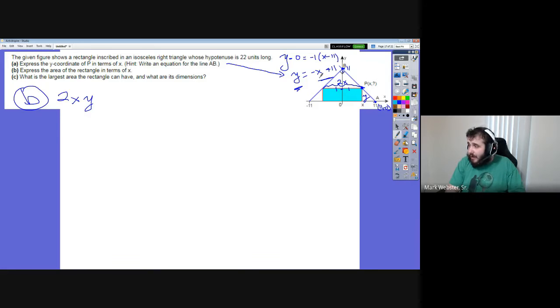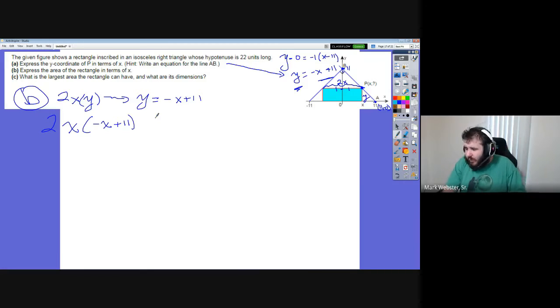Well, we did that already, in this first part. So let's rewrite y in terms of x: 2x times y, which is -x plus 11.